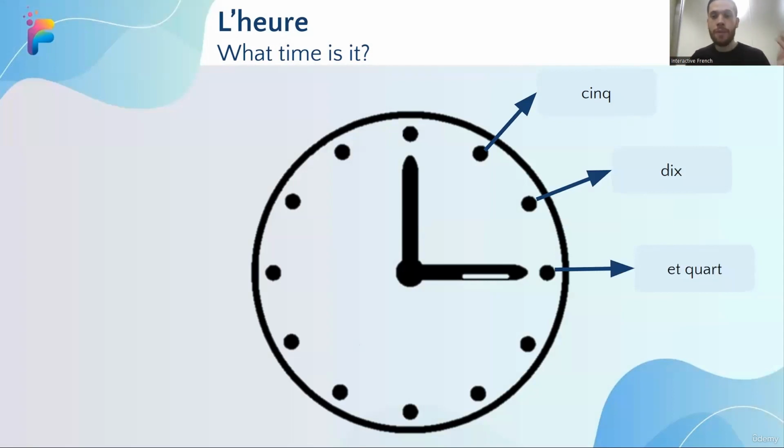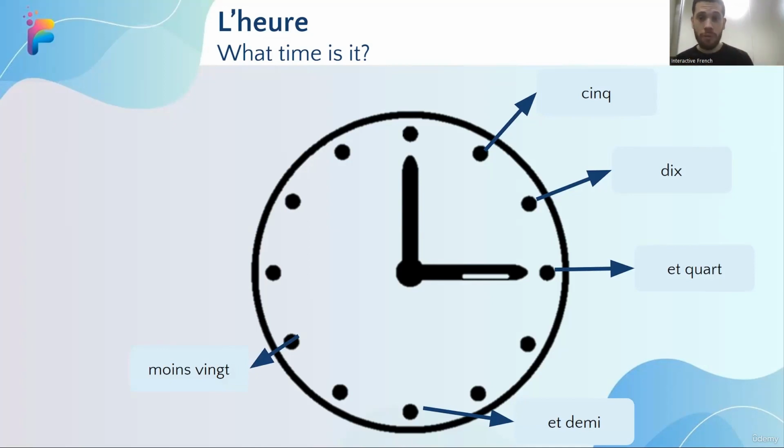You can say the number 15, or you can say et quart. So for instance, if it's quarter past 1, you can say il est 1h15, right? 1h15. If it's half past, okay, you can say il est 1h30, okay? 1h30.